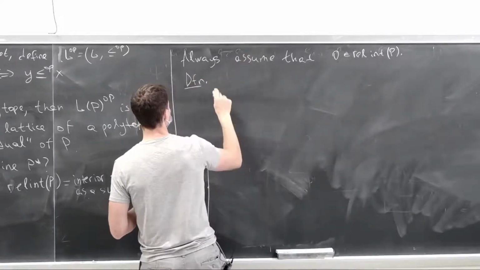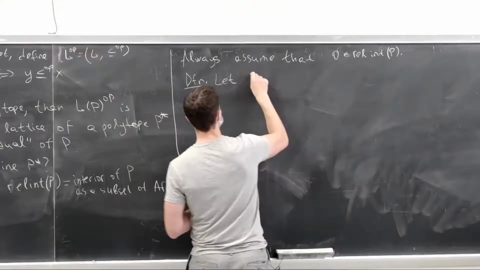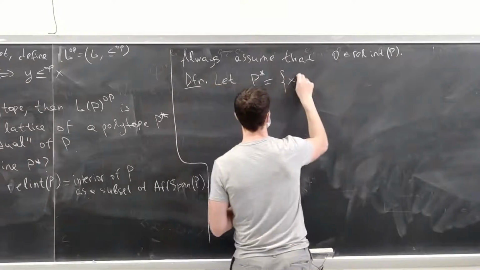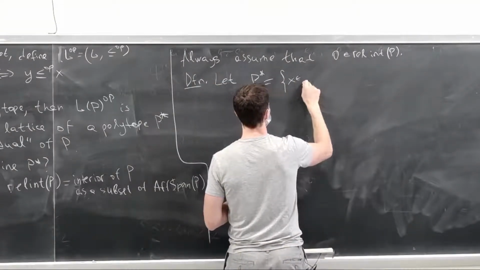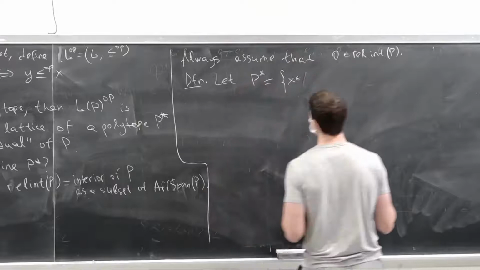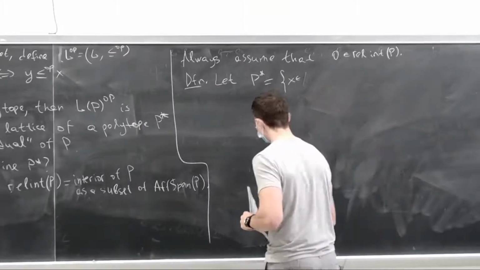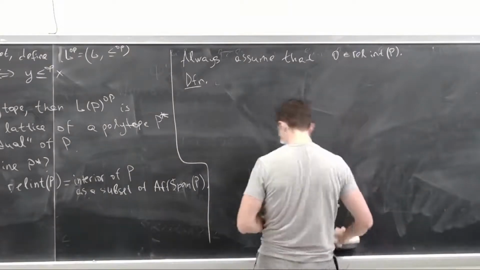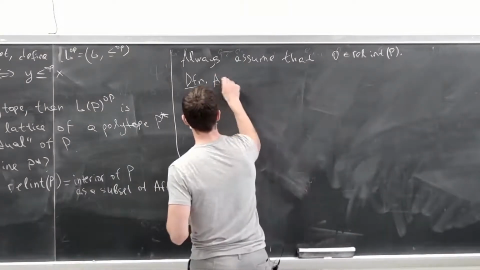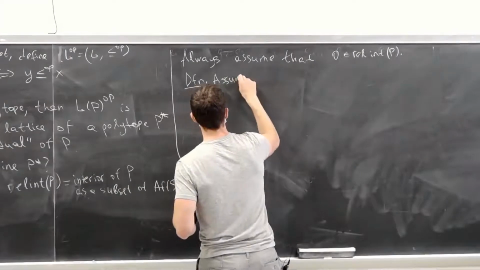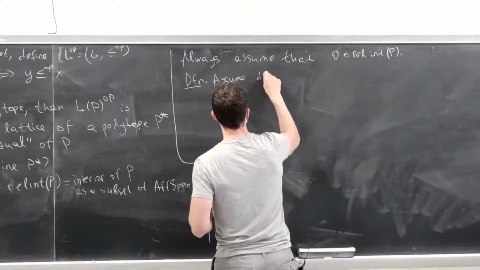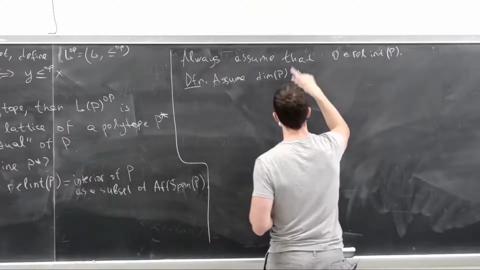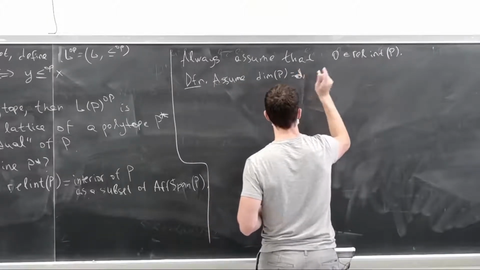Definition: assuming this, let P star be the set of all vectors in the affine span. Let me even assume that the dimension of P is d, so let's assume that P is full dimensional for now.